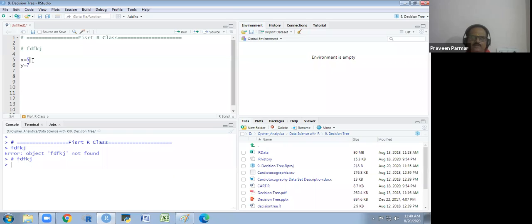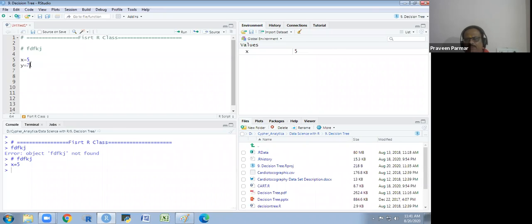Whenever you have to run any syntax, that is the command or the statement line, you put the cursor somewhere on the line and then click this button. One option is this. When you click it, you will get it in the global environment, and it will print here also.